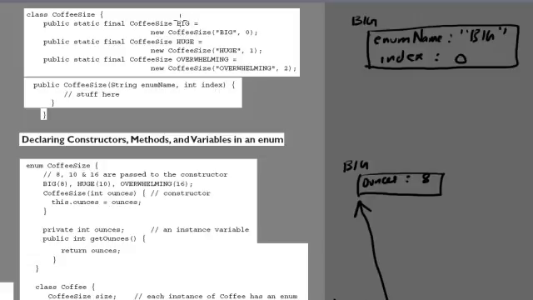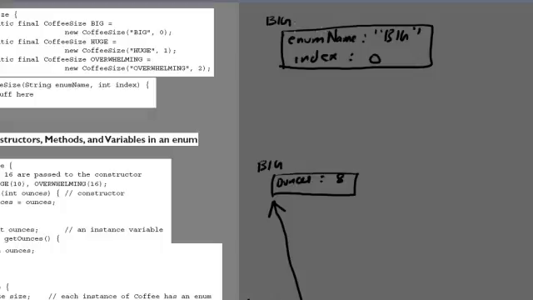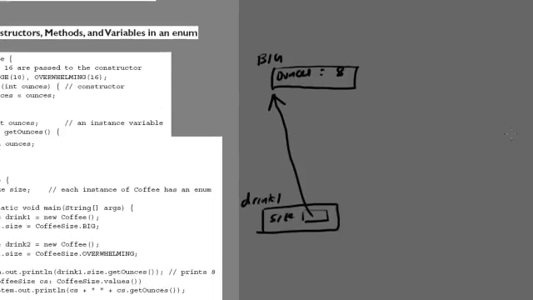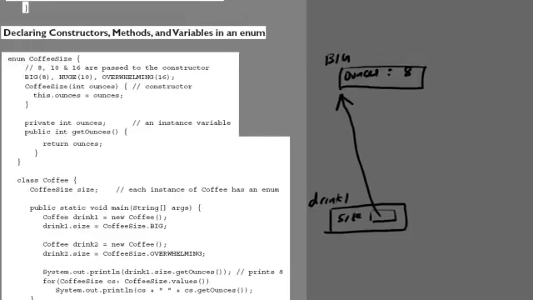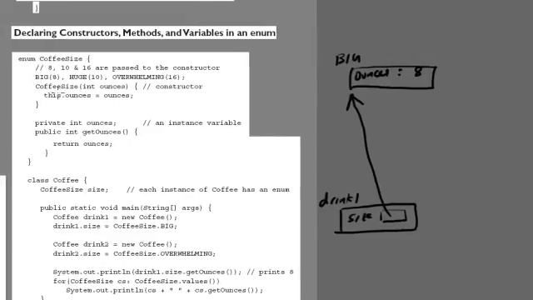Now, because we said BIG is an instance of CoffeeSize, we could imagine it as an object. BIG is an object with enum name given as BIG, and index given as 0. Now, in this example, there is an integer instance, ounces.